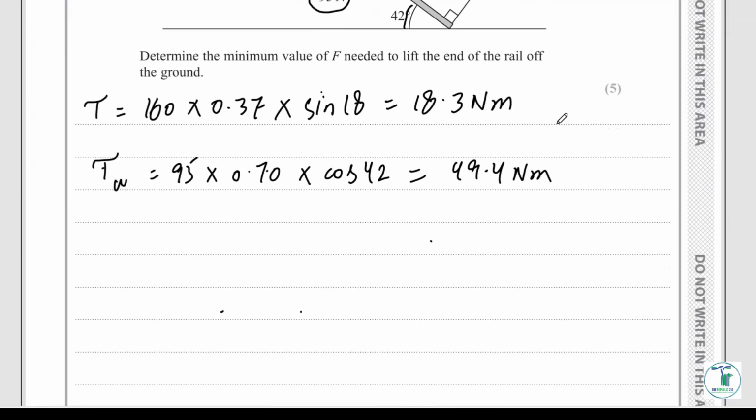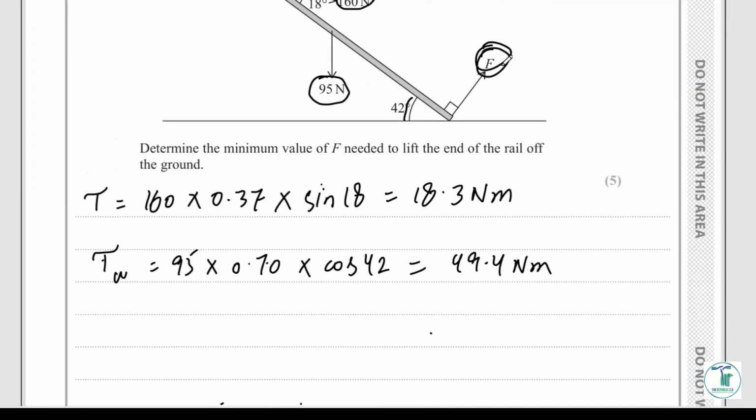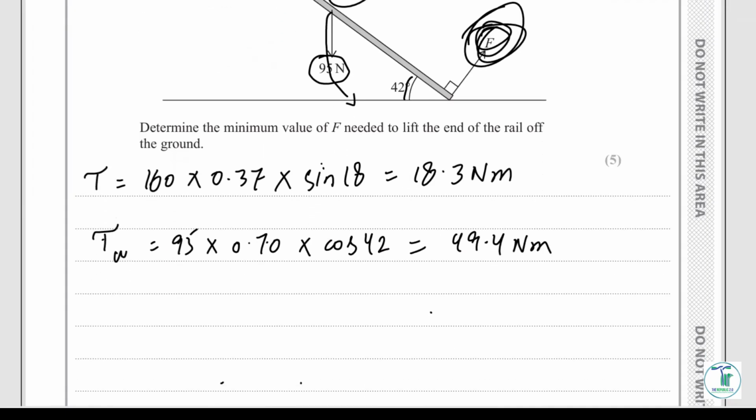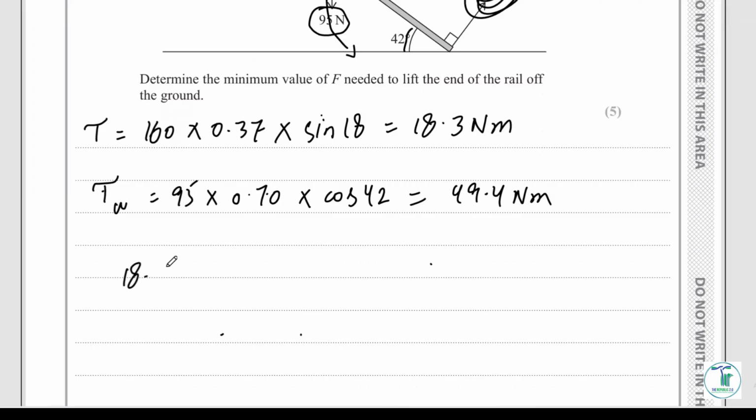At the end of the day, you've got the torque due to this force as well. This must be F times 1.4. So this F and that 18.3 Newton meters, both of these moments are acting in a clockwise direction, and this one is going to be an anti-clockwise moment. So the sum of these two moments should be equal to the other one. So 18.3 plus F times 1.4 should be equal to the moment due to the weight, and that is 49.4.